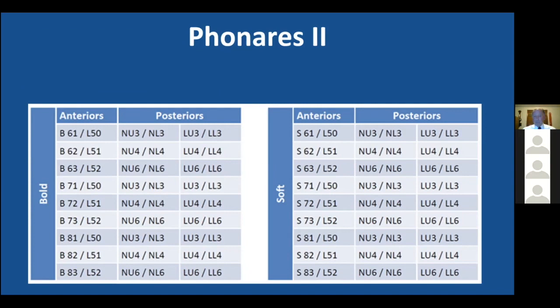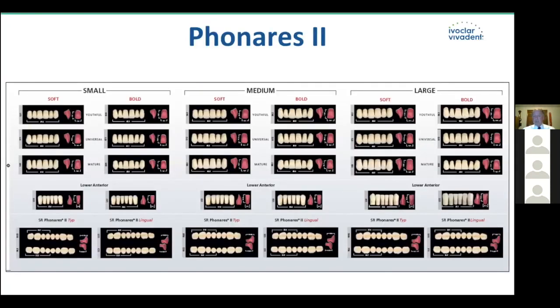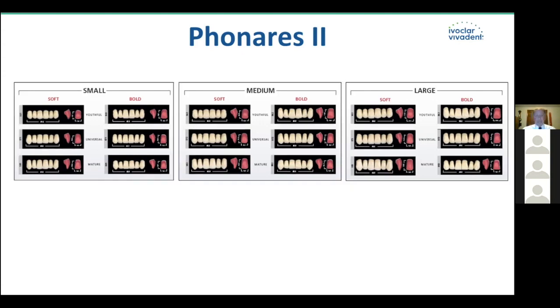So the facial appearance of the tooth, your expectations, is exactly as it would be if we looked at the mold guide for the Phonares 2. If you're familiar with the Phonares 2, great. If you're not, you'll find it to be a very simple, logical process. The anterior molds are broken down into small, medium, and large, and it's very simple to understand.